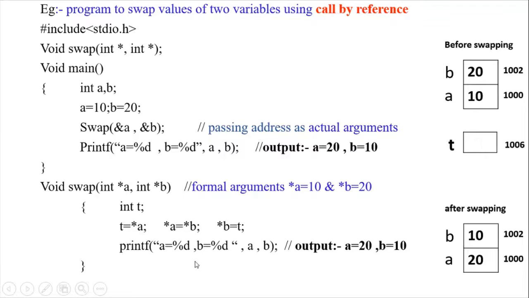Whatever changes we have made in these formal arguments a and b will reflect in the actual arguments a and b. So here also the output of printf will be a is equal to 20 and b is equal to 10. So these are the points that you have to note in this example of call by reference.